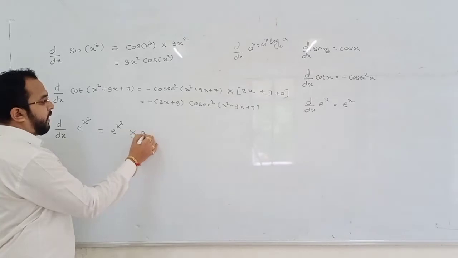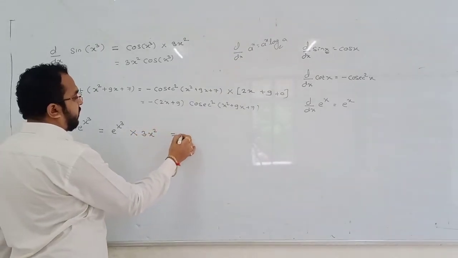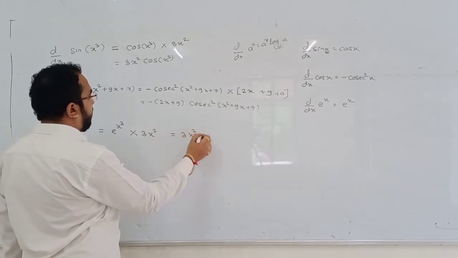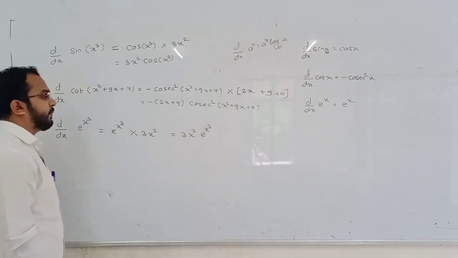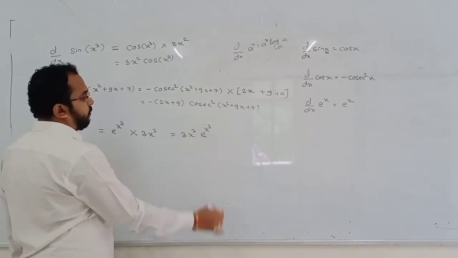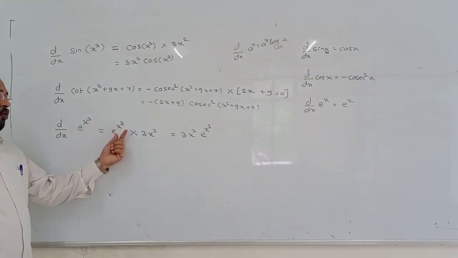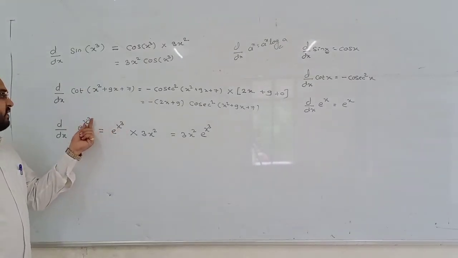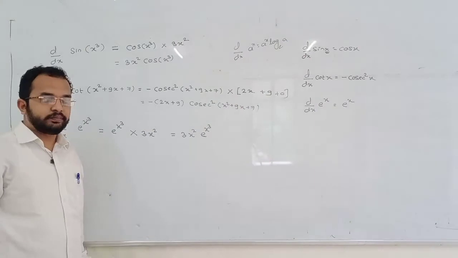It is 3x square. The answer will be 3x square into e to the power x cube. So differentiation of e to the power x cube will be e to the power x cube as it is, but as the power which is given is not x, differentiate it again in the product.